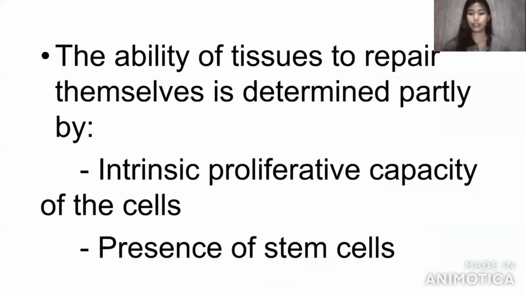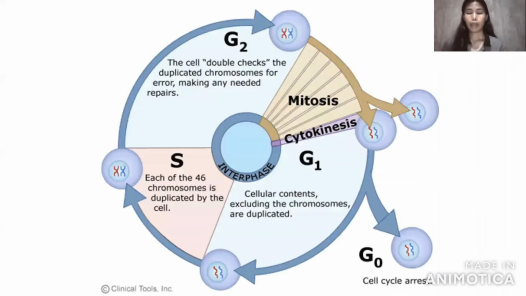Before I proceed to the next slides, we must first do a recap of the cell cycle, because we cannot understand what I will be tackling in the next video if we cannot understand the cell cycle. In the cell cycle, there are two phases.